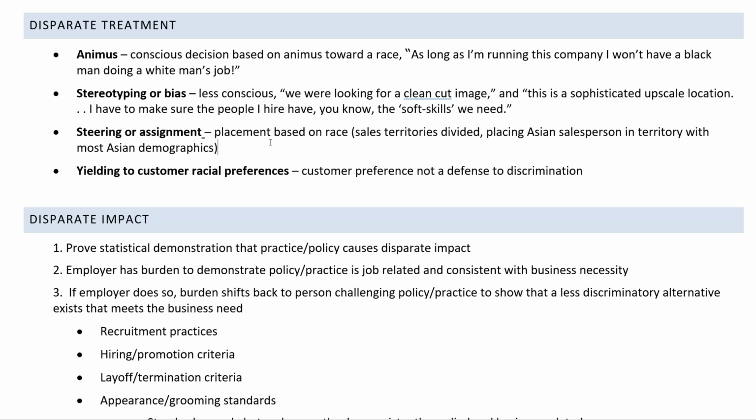Some people might try to defend their actions by saying, well, our customers really don't like to see black people working here, or white people working here, or Asian people working here, or Indian people working here, whatever it might be. But that's not going to be a good defense for me as an employer in court. I can't just yield to customer preference in order to discriminate based on, well, any of the protected classes, really.